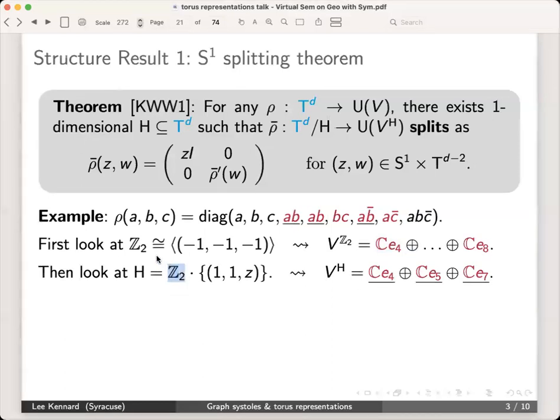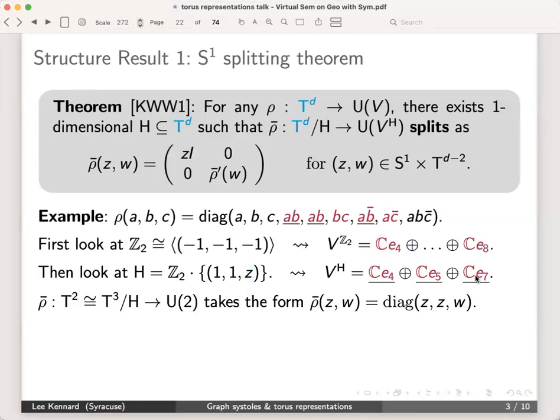Then you can increase the subgroup to a one-dimensional subgroup by taking the Z3 factor or the C factor, and then that cuts away the components that have a C in them. And so the fixed point set of that one-dimensional subgroup has these three parts left. And you can work out the isomorphism from T3 mod H to T2. You know that it's abstractly T2, but maybe it takes a minute to write it down. And the induced representation looks like this. And so you can see the Z leftover part with the other coordinates.